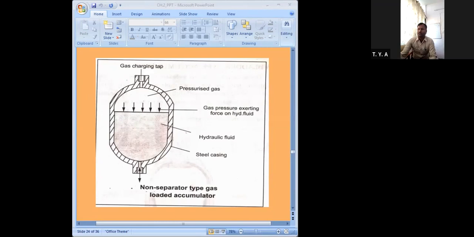When required in the circuit, the pressurized gas exerts force on the hydraulic fluid, which comes out of the port and goes further into the hydraulic circuit. Getting it?